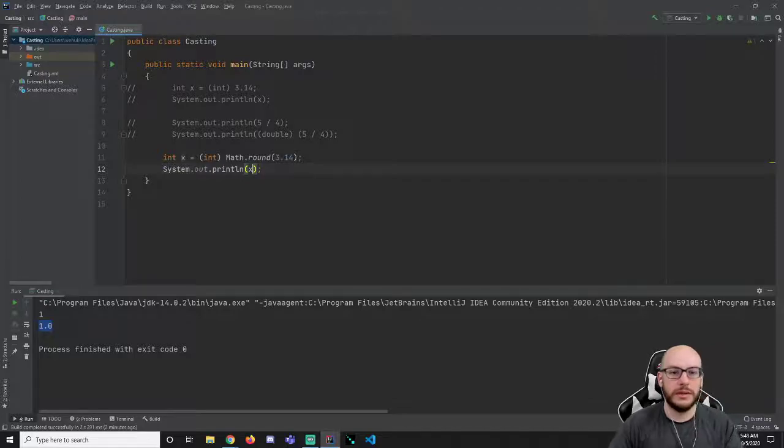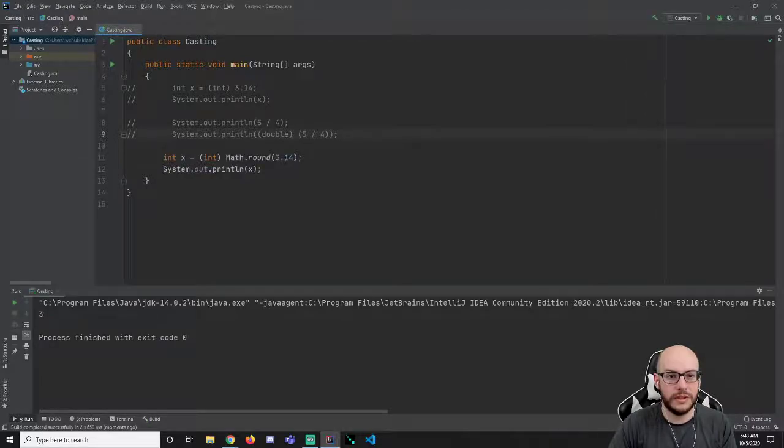And you'll see if I print this off, we're going to get just a simple 3 from that. And we'll see that this follows normal rounding rules. If I go to 3.49, still not quite there. That's going to round down to a 3. The moment that I go to 3.5, we're going to round up from there, and you'll see that we get a 4.